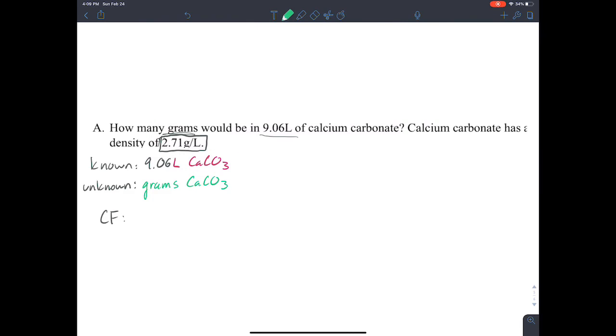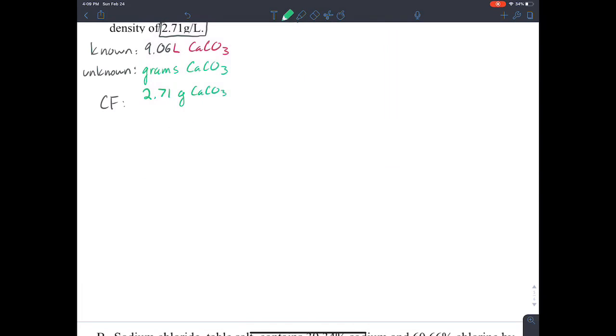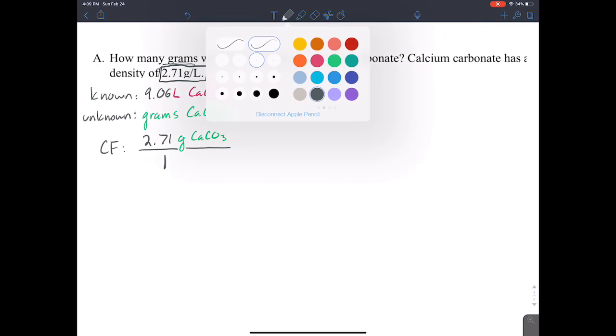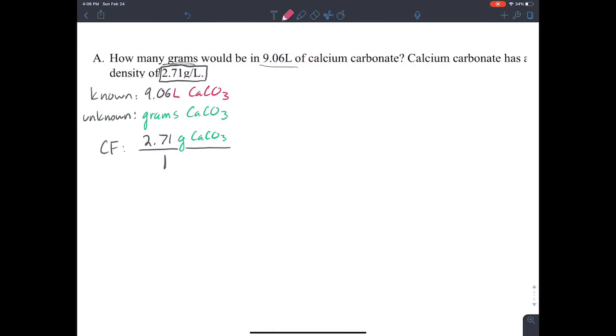So we're given that it is 2.71 grams of calcium carbonate per, I should have done this, which color, 2.71 grams for every one, color was that? For every 1 liter of calcium carbonate.